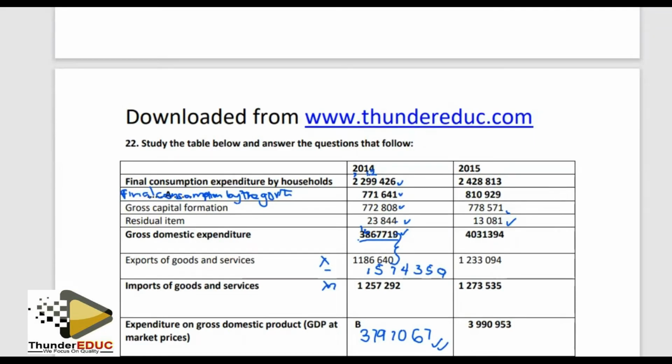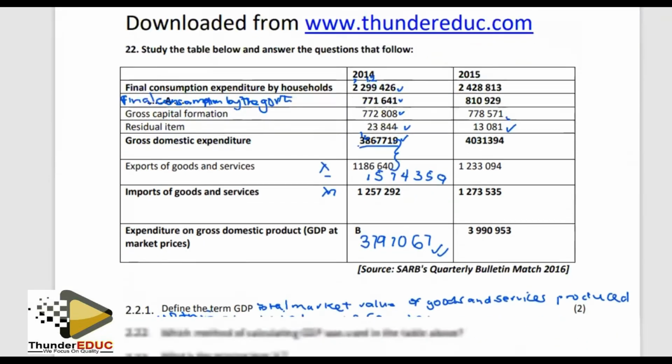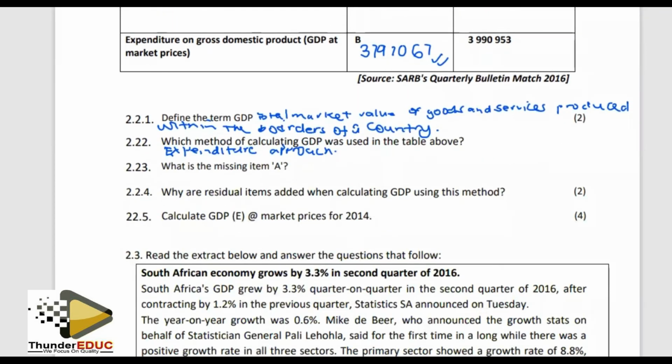That is final consumption expenditure by government.